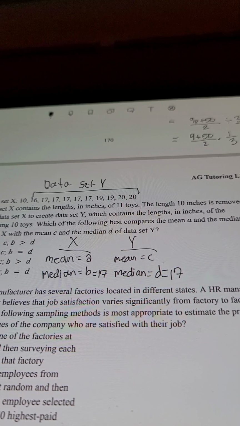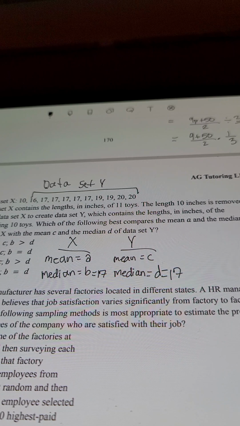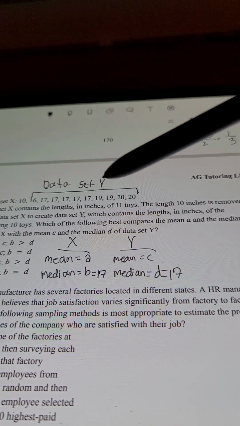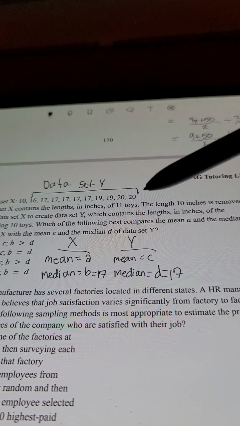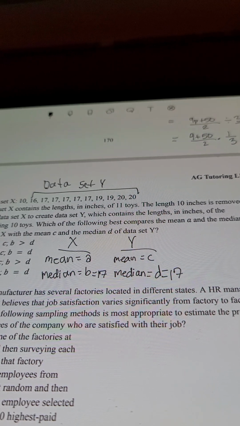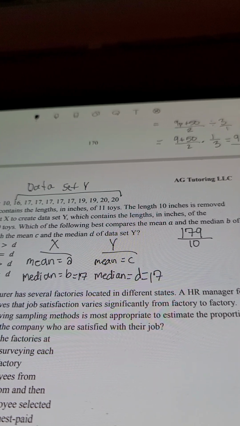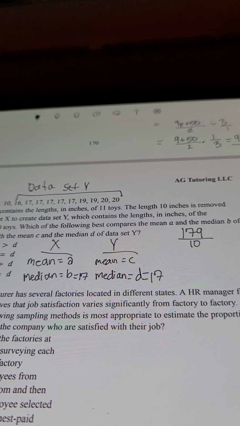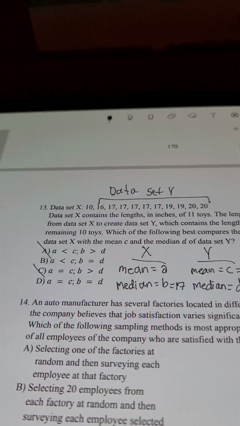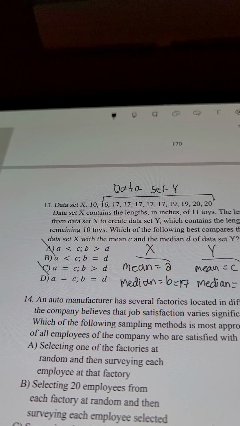So for finding the mean for dataset Y, it would be 16 plus 17 plus 17 plus so on and so forth until you add up all of these numbers right here from 16 to 20. And then you're going to divide by 10, since there's 10 numbers in that list. The sum of all those numbers would be 179, and then you're dividing by the 10 numbers, so that gives you 17.9.